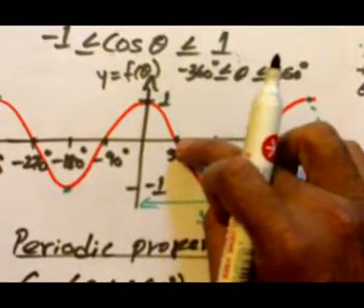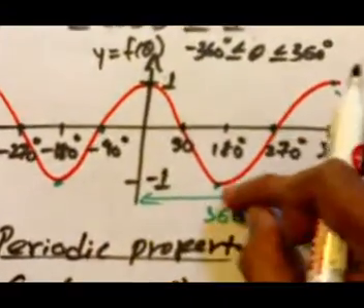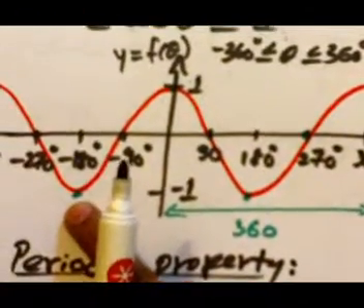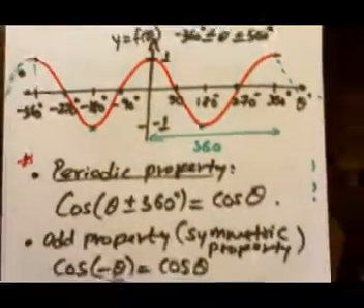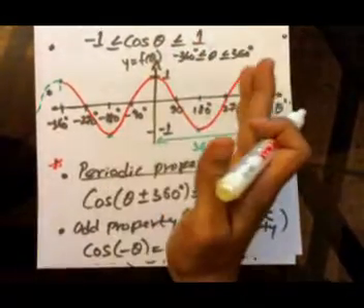Cosine 90 is 0, cosine negative 90 is 0, cos 180 is -1, cos minus 180 is -1. So whether you put the angle positive or negative, cos is not affected by that. So the symmetrical property means basically that both sides are the same.